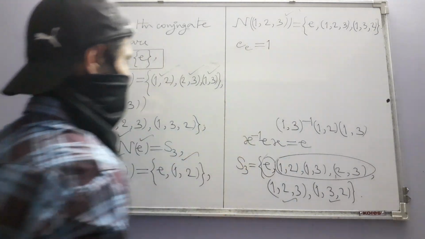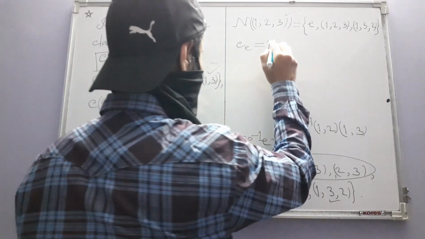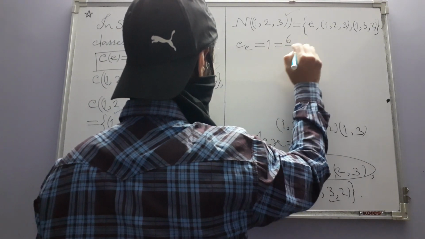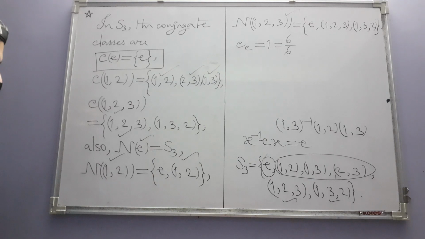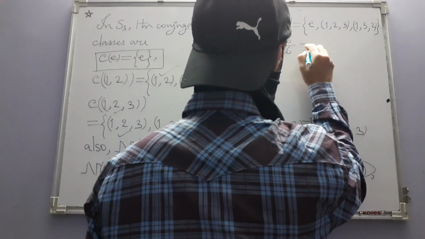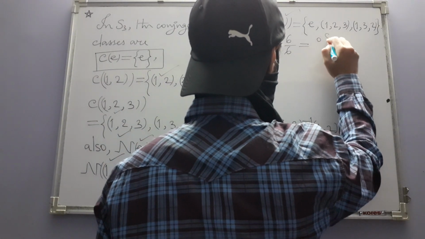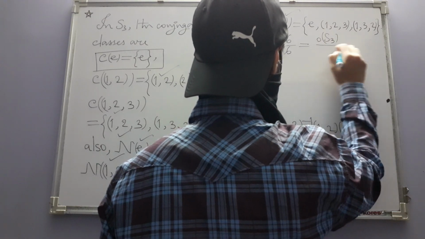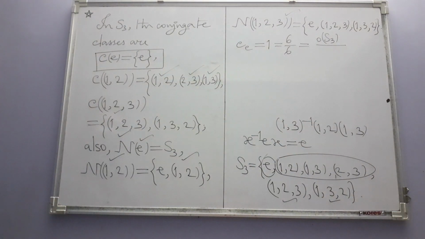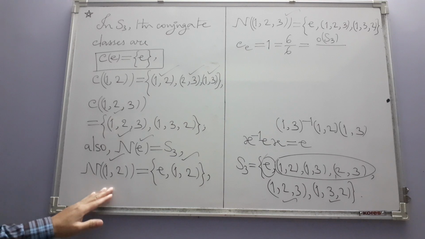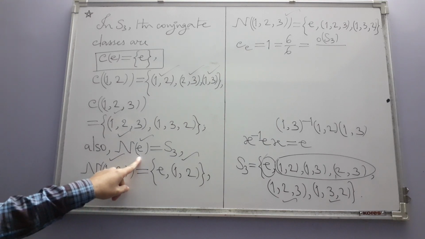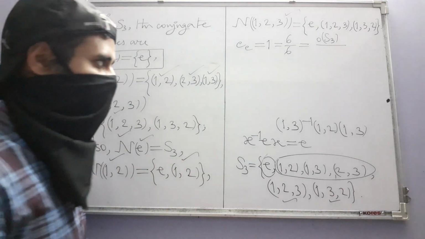Now 1 can be written as 6 divided by 6. 6 is of course the order of S3, and the 6 in the denominator is the order of the normalizer of E, which is also S3.